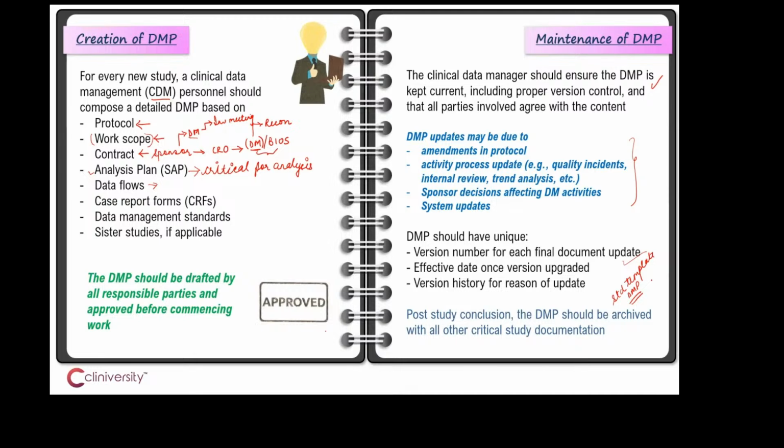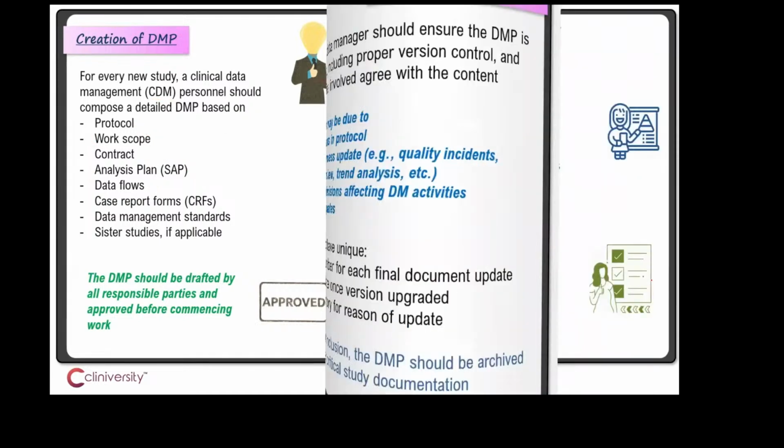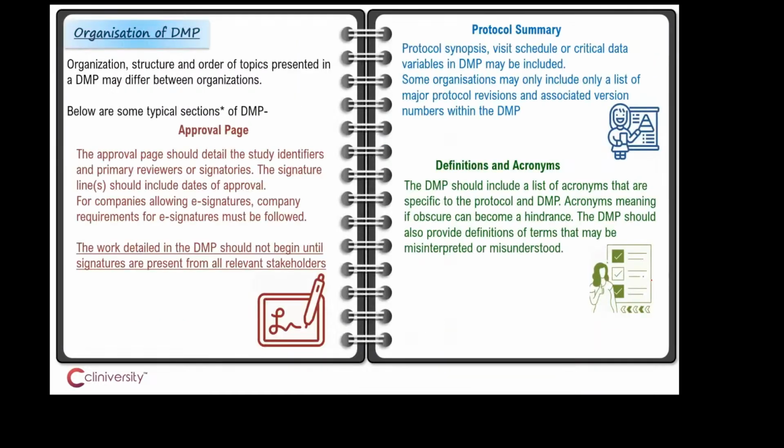Then post the study has been completed, the DMP should be archived, as said, with all the critical study documentation. And here is the list of what would ideally go in the DMP.